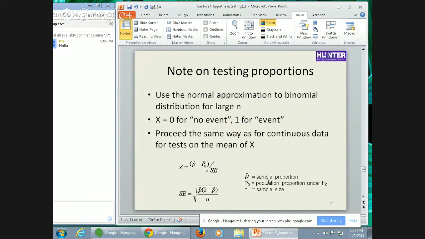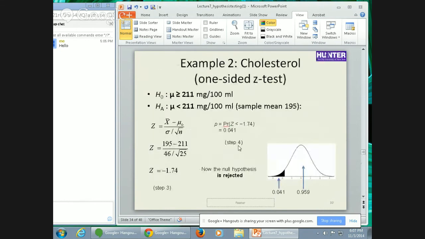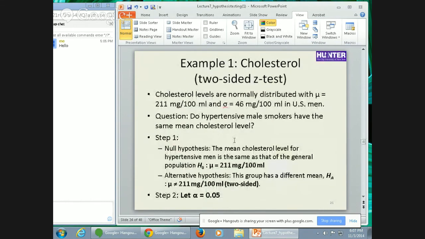You'll use these same steps for testing hypotheses on proportions, such as in surveys, polls, or prevalences.